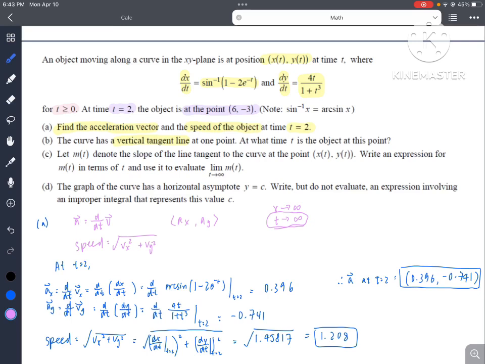It tends to flatline. So we just need to find the limit as t approaches infinity of y of t.